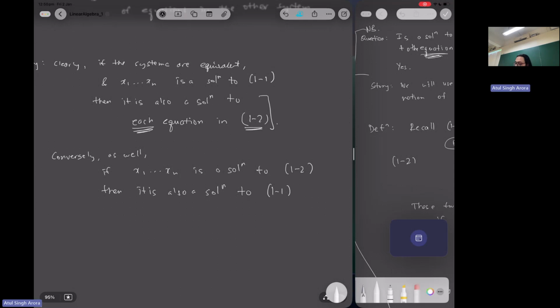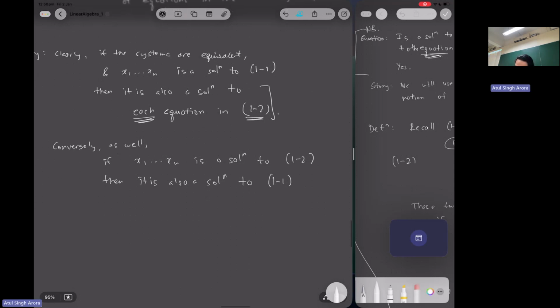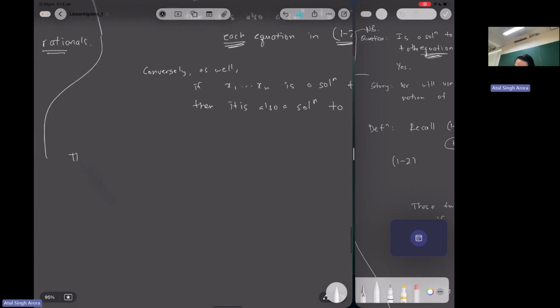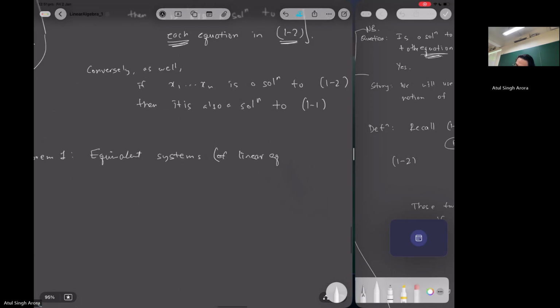And this is how we get the theorem statement. Theorem 1 says the following: equivalent systems of linear equations have exactly the same set of solutions.